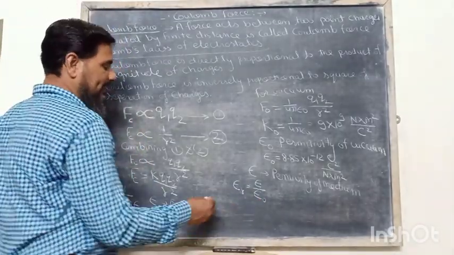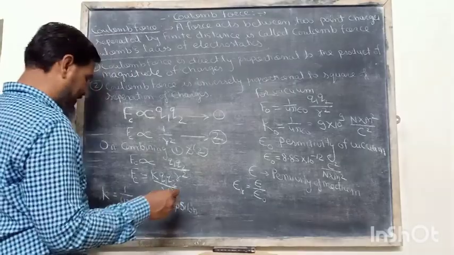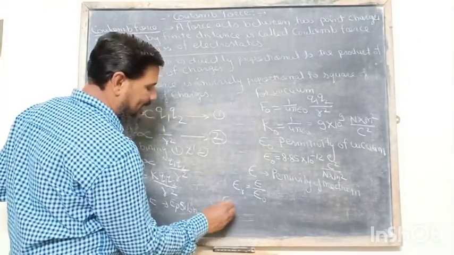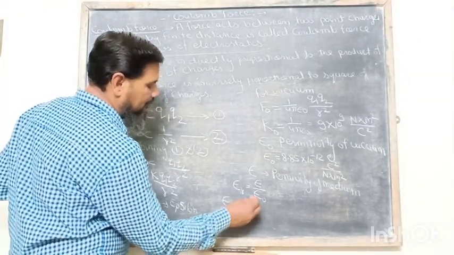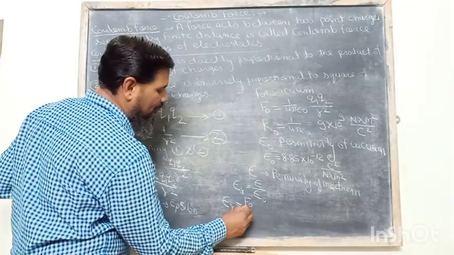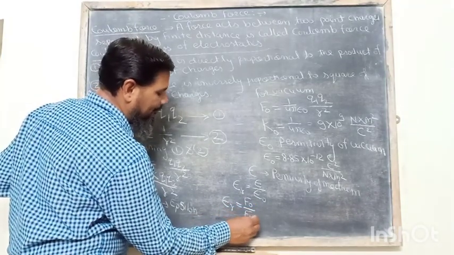It can also be expressed as epsilon r is equal to F0 upon Fn.